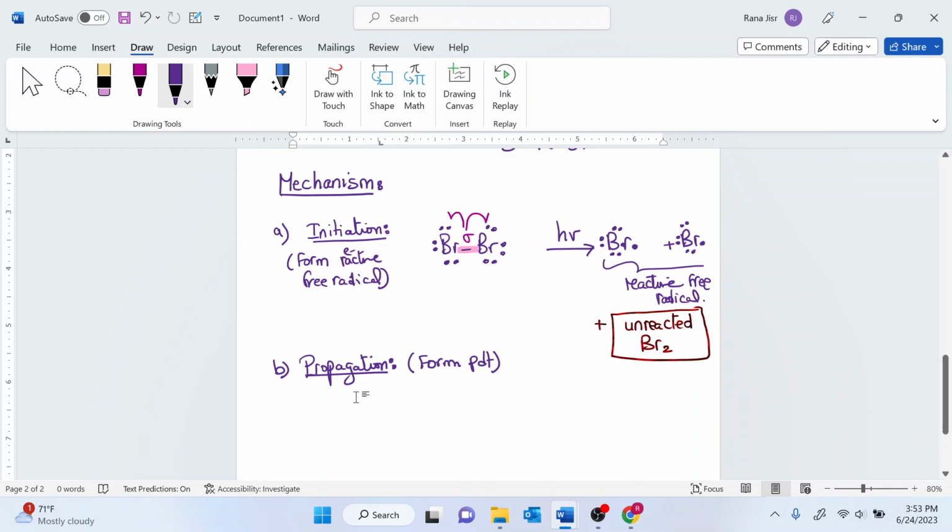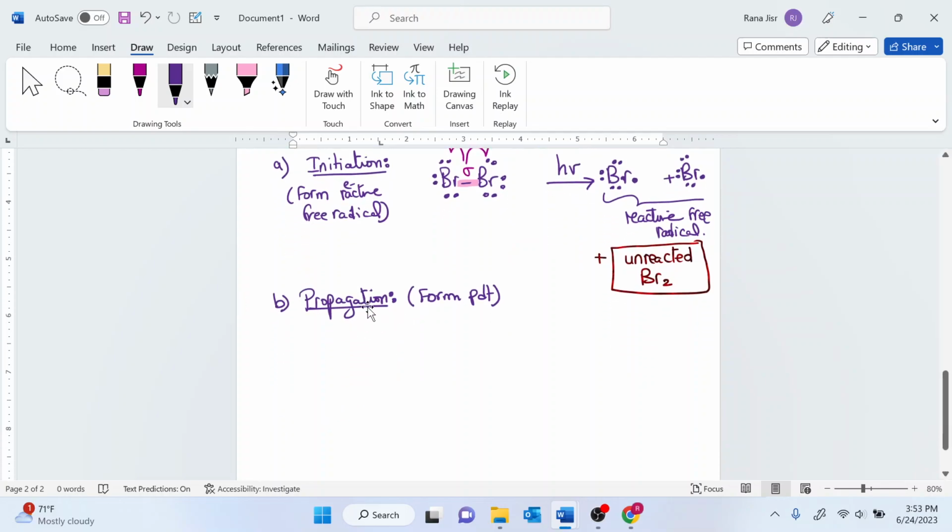This is the difference between both. Propagation is 2 steps. The first step, you take your alkane or cycloalkane, whatever alkane you are reacting, and you will start the reaction with the free radical that you made in the first initiation step.